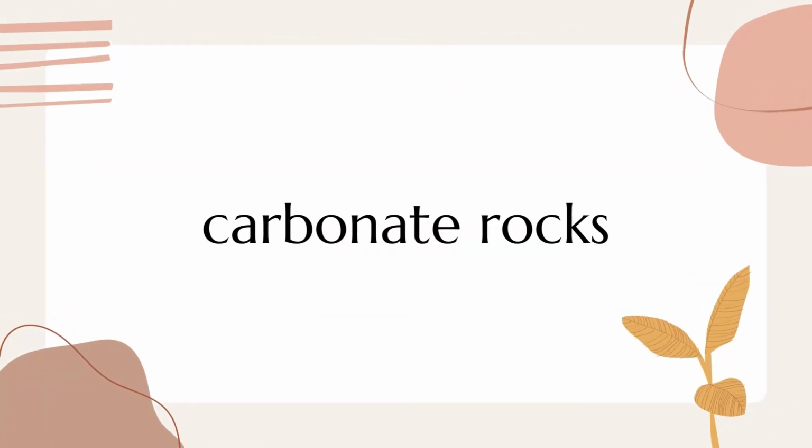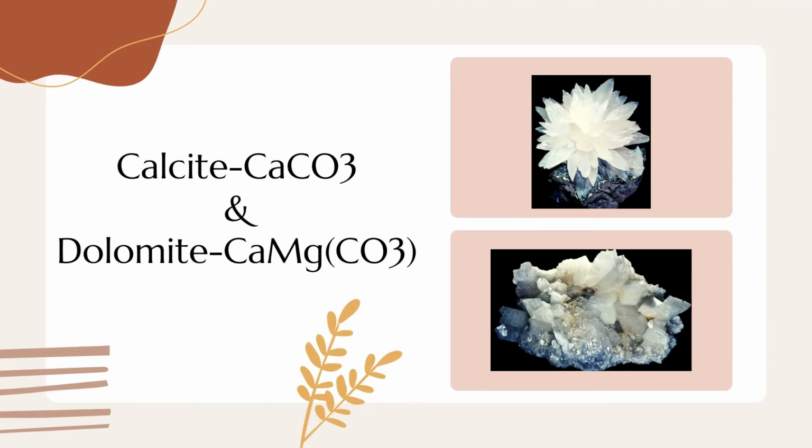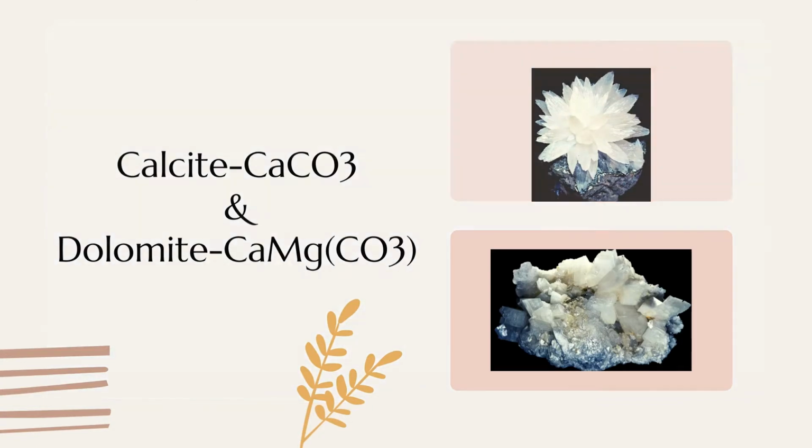Carbonate rocks. However, in the case of carbonate rock, the difference between clastic and non-clastic rock is not always evident. Carbonate rocks are made up of minerals that contain the carbonate ion, such as calcite, aragonite, and dolomite.